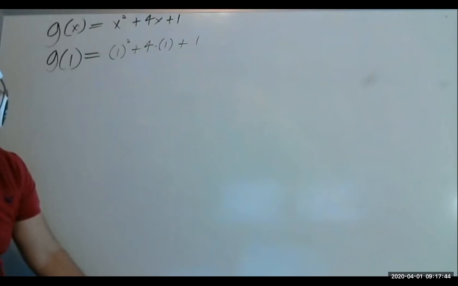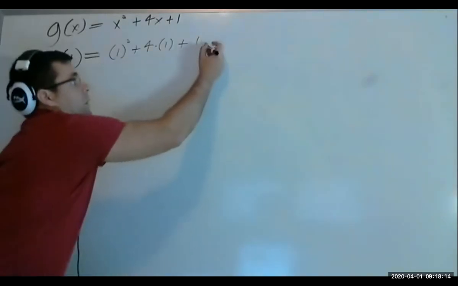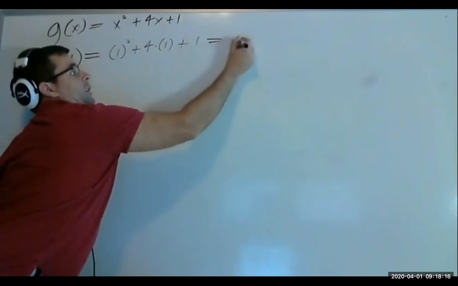Anybody? It's a tough one. So 4 times 1 is 4. So 1 plus 4 plus 1 equals 6.